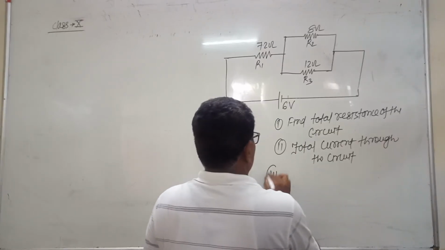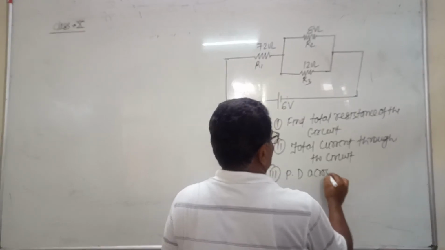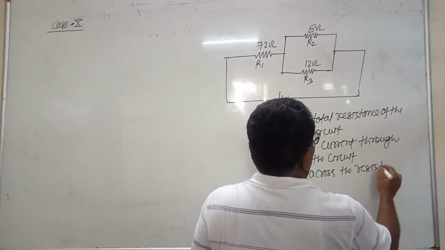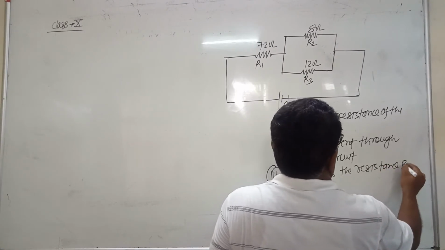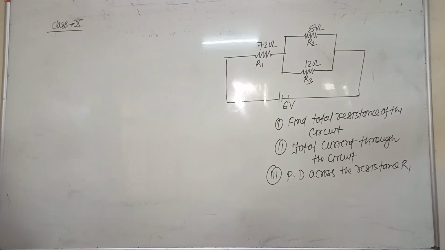And third, the potential difference across the resistance R1. Three things we have to calculate. First, the total resistance of the circuit, the total current flowing through the circuit, and the potential difference across the resistance R1.